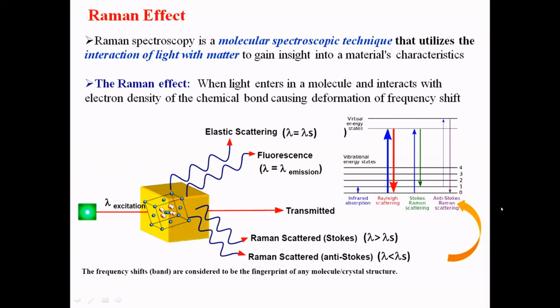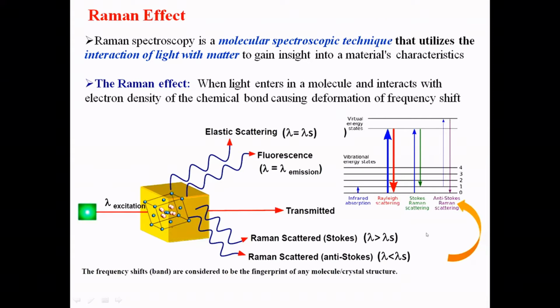When the light enters the molecule or starts interacting with the material, the electron density within the atoms and molecules is responsible for this kind of frequency or wavelength shift. That shift is considered to be fingerprint information of a particular material or structure.